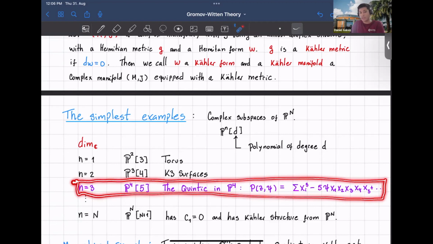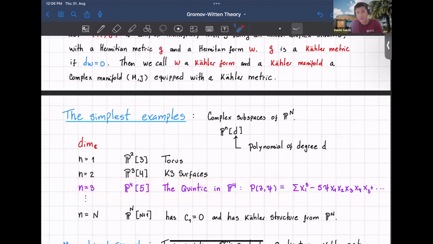So this is the important case. The most famous case of Calabi-Yau is the polynomial of degree 5 in P4, and this is the quintic. There is a really nice talk by Xenia de la Ossa, in which she, with Philip Candelas, Green, and Parkes, used the quintic to count the number of rational curves in the quintic Calabi-Yau threefold.